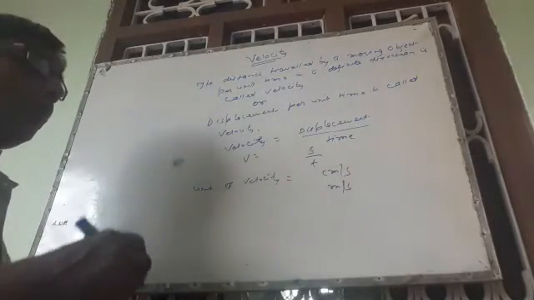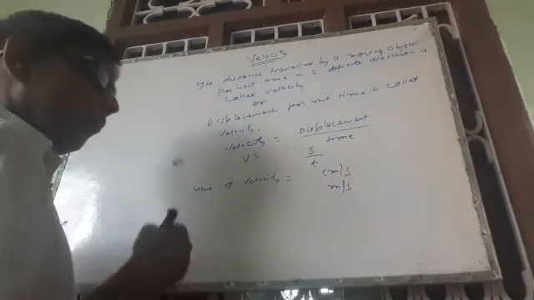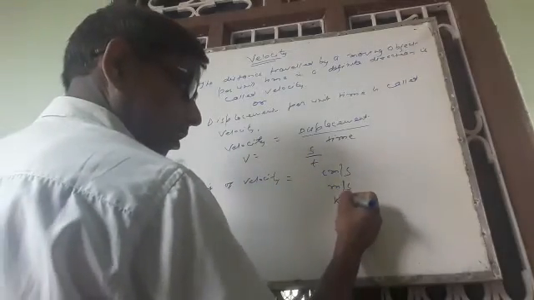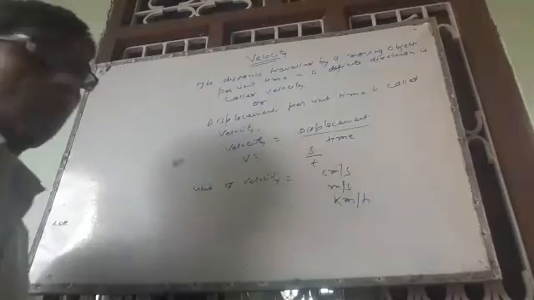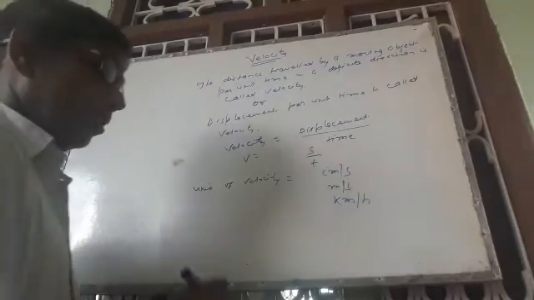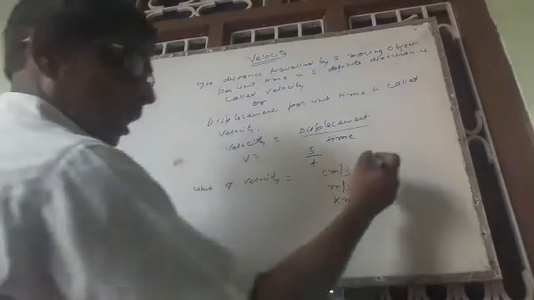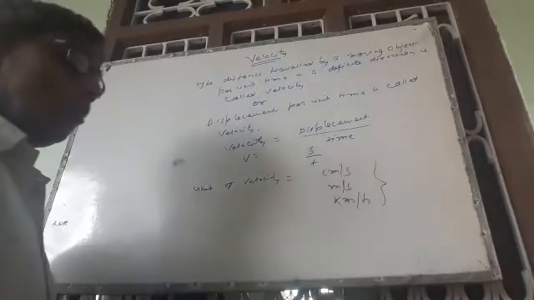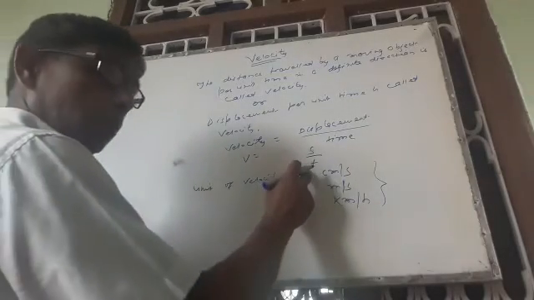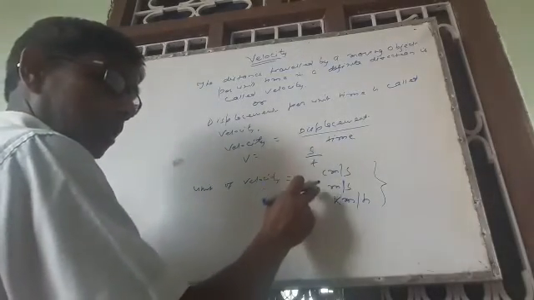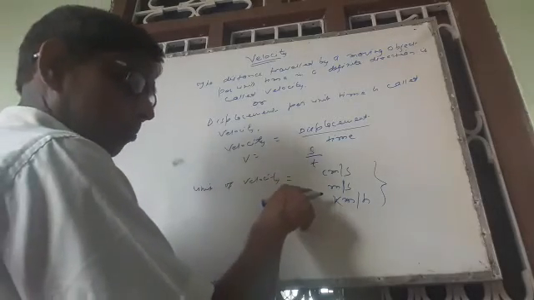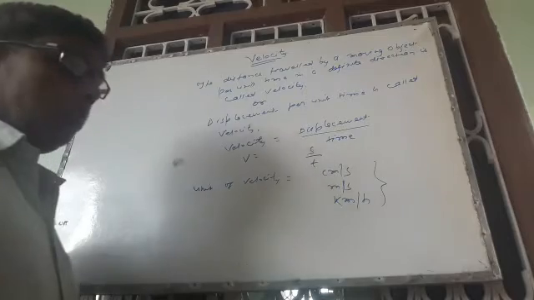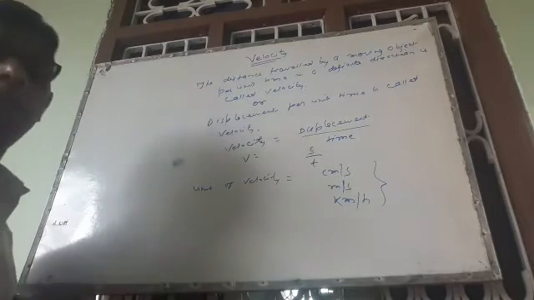If we talk about the higher unit of velocity, it is kilometer per hour. So these are the several units of velocity. A smaller unit centimeter per second, and SI unit meter per second, and higher unit kilometer per hour.